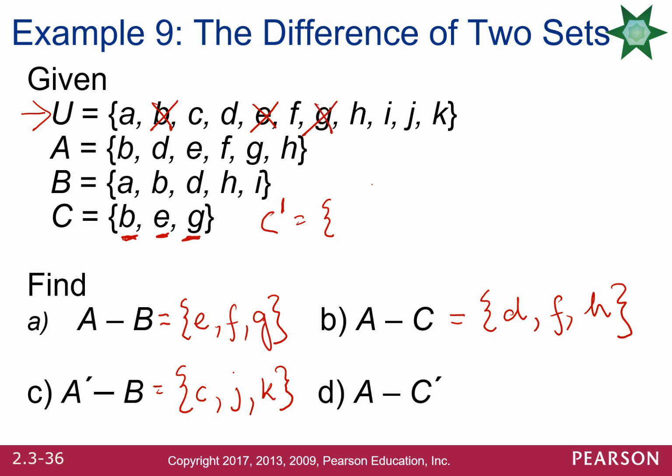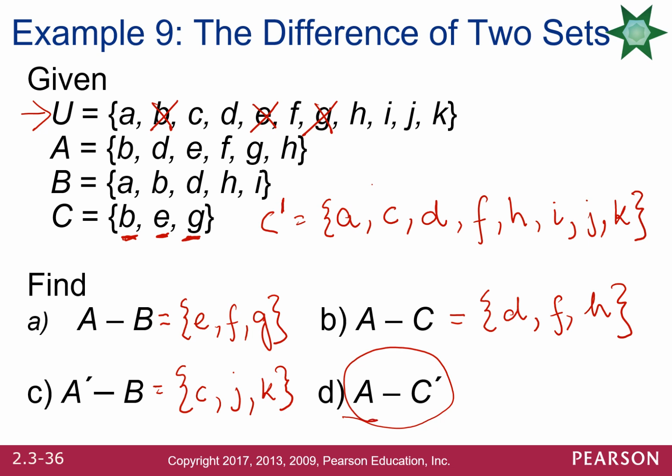So C naught is going to be all these values: A, C, D, F, H, I, J, and K. All right. And the question is A minus C naught. So let's list the values of A, which are these elements B, D, E, F, G, H.